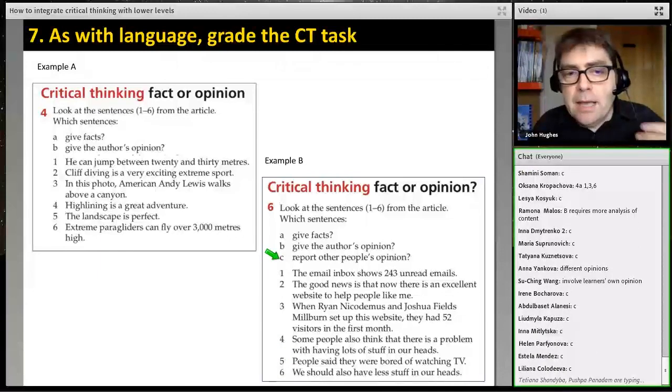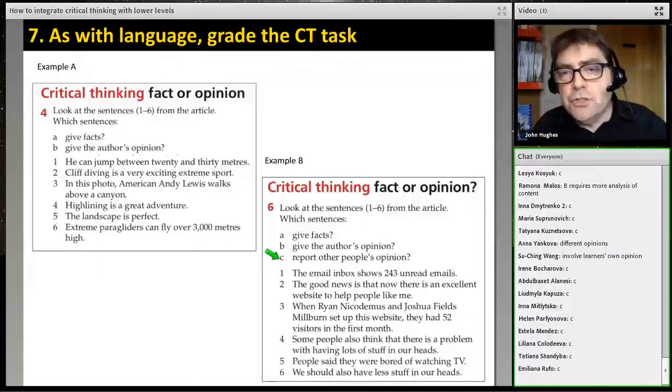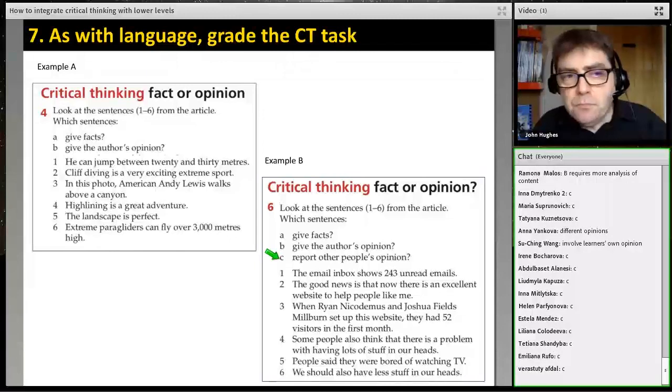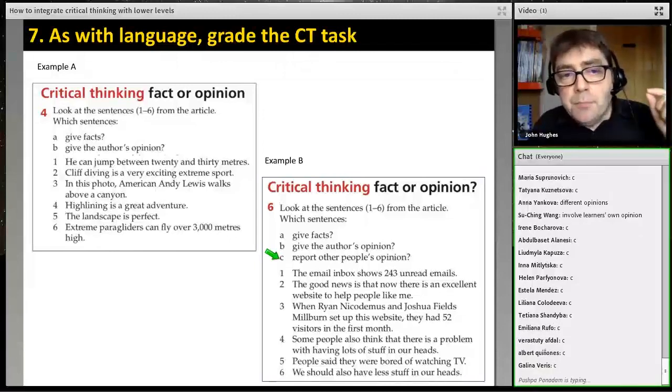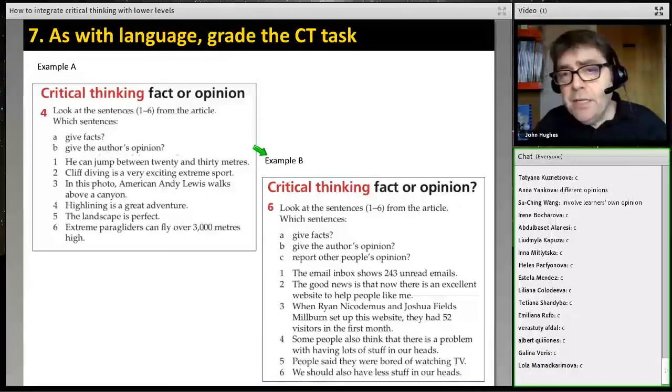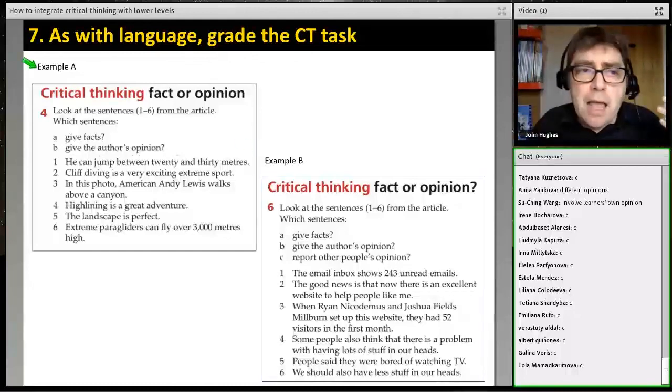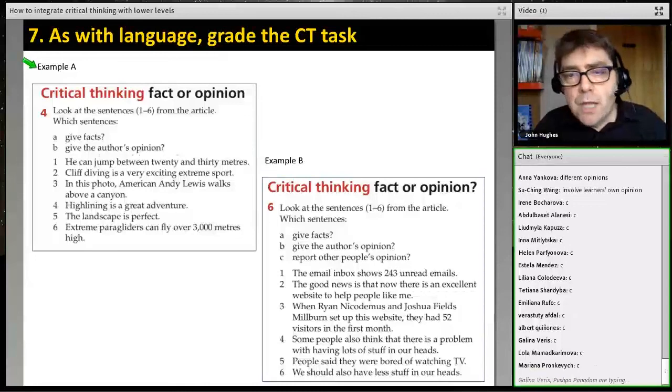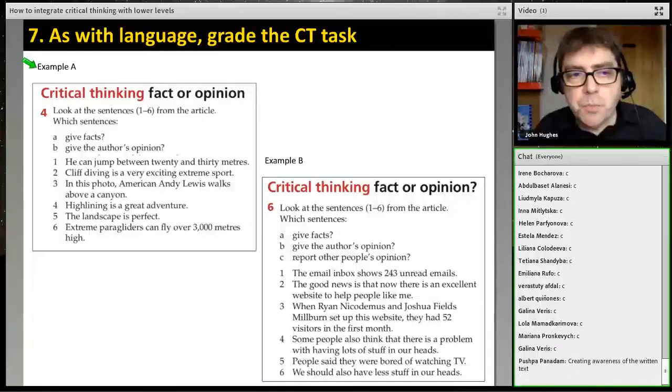And example B exercise introduces reported speech. Example B comes from the pre-intermediate book where we introduce reported speech. Example A is from the elementary book. We don't introduce reported speech.